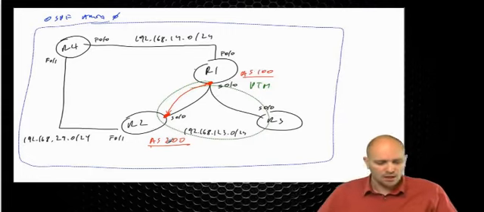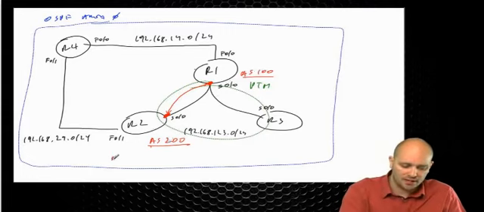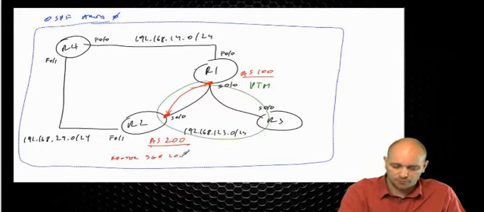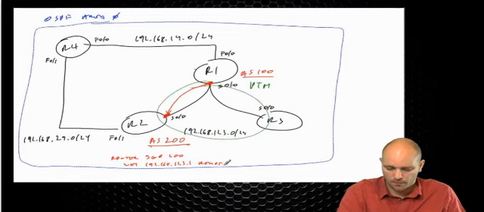So, okay, you go on R2 and you say router BGP 200, neighbor 192.168.123.1, remote AS 100. You do pretty much the same thing here.